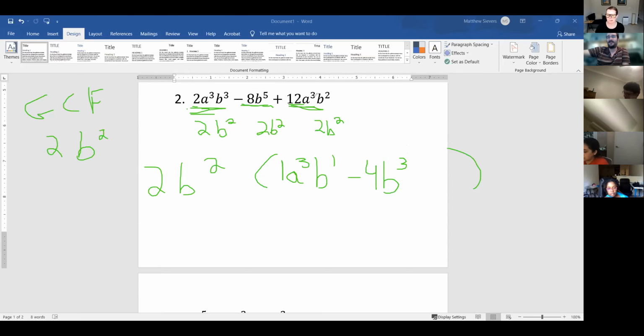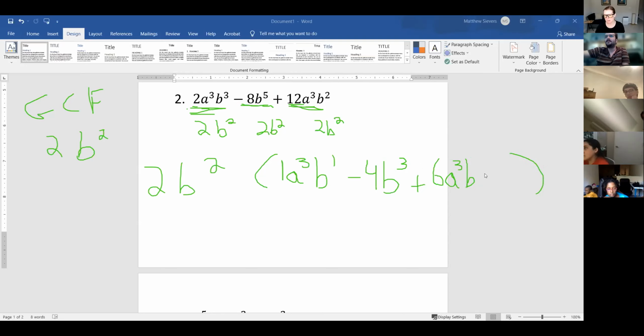The next term is plus 12a cubed b squared, and we are dividing by 2b squared. So 12 divided by 2 is 6. We got a to the third, we're not touching them at all. And what's on my b's? Nothing.